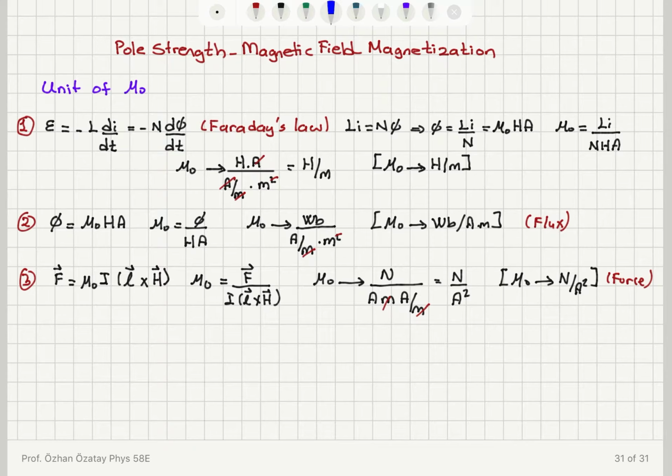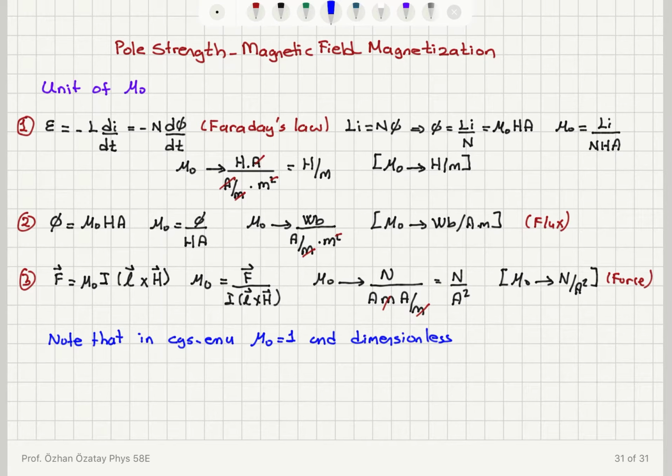Note that we don't have a mu0 in the CGS EMU system. In the CGS EMU picture, mu0 is 1 and dimensionless. So we cannot do a similar analysis for mu0 in CGS EMU.